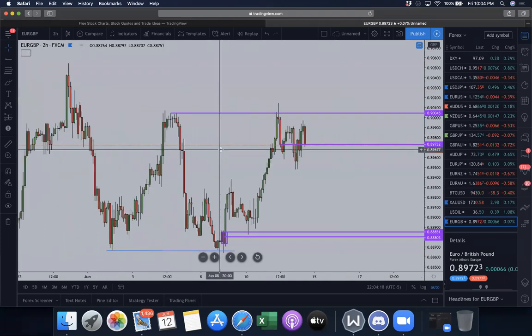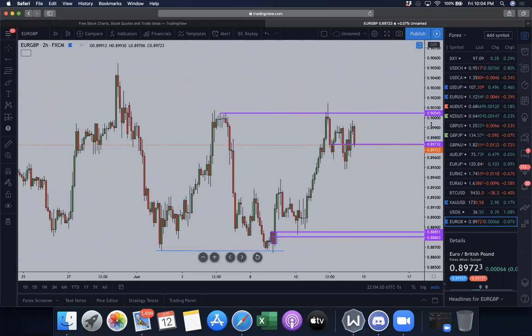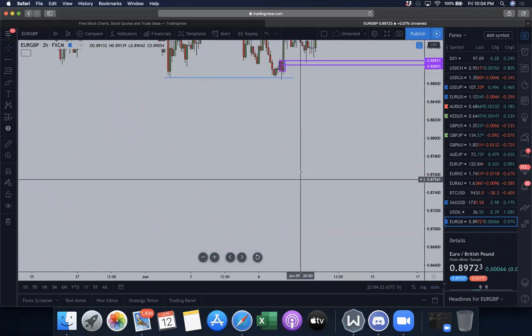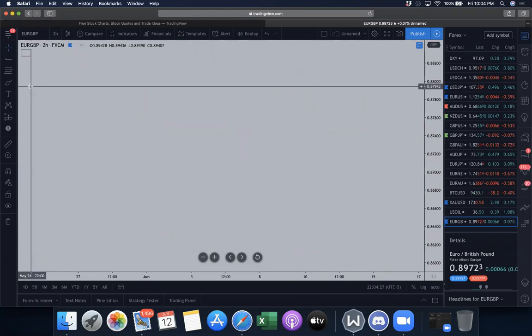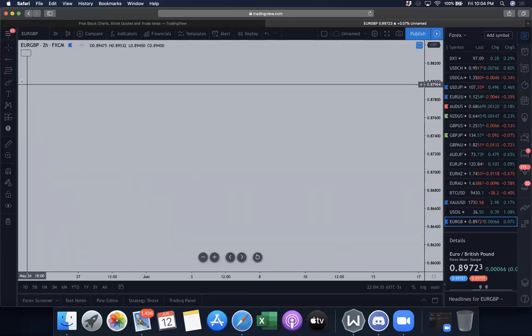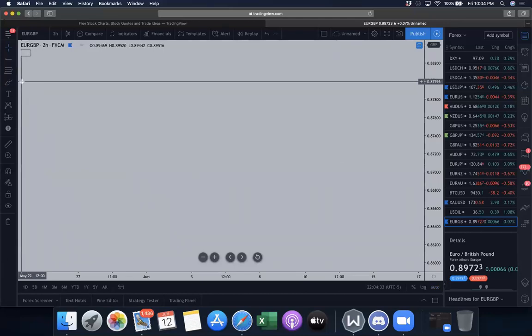But real quick, what I mean when I say liquidity void, there's so many different names for it. Some people call it imbalance, some people call it fair value gaps. I think what ICT calls it, I call it imbalance, and then they call it liquidity void as well.